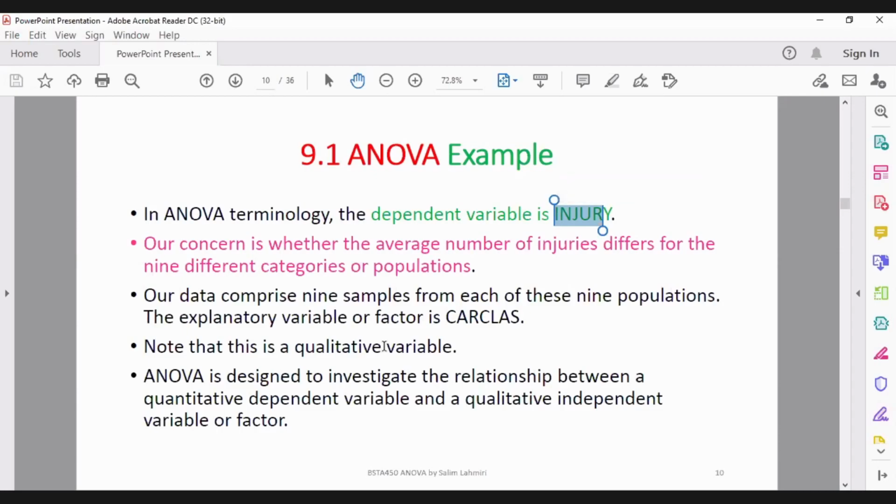One concern is whether the average number of injuries differs across the 9 different categories or populations, meaning that we need to check if the average number of injuries is similar across all classes from 1 to 9. The data comprises 9 samples from each of these 9 populations, and the explanatory variable or factor is the car class. So the car class is the explanatory variable.